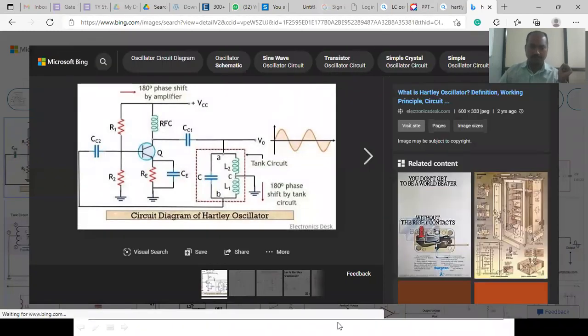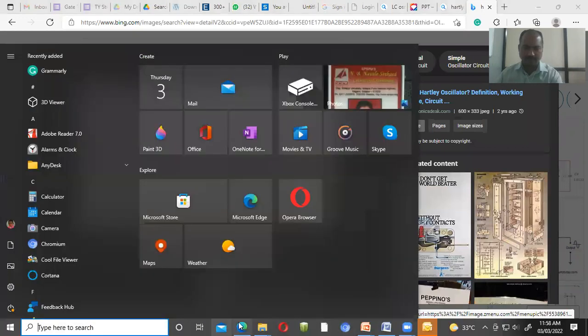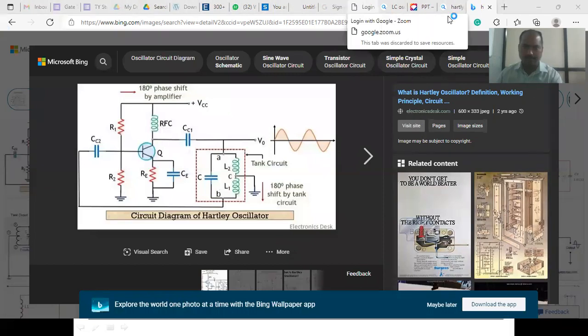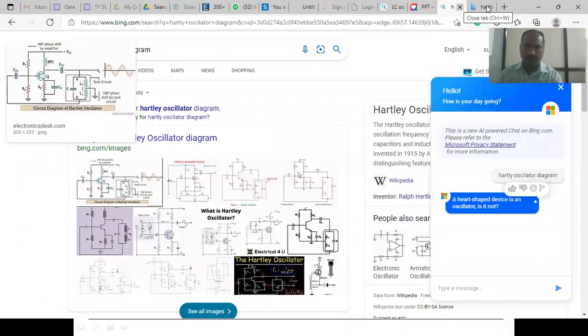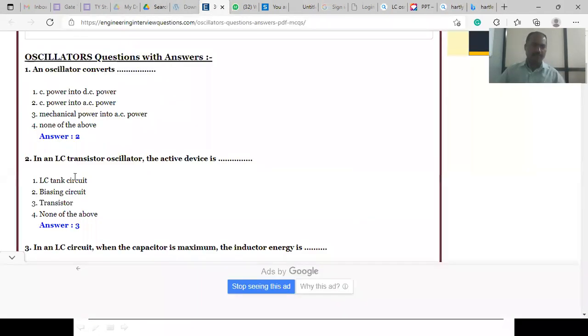We will see how the question is asked. See the question: in an LC transistor oscillator, the active devices.